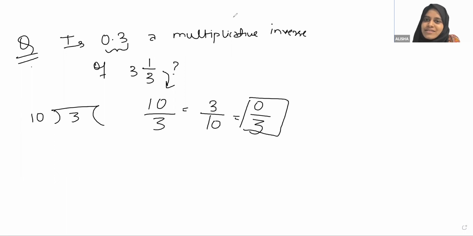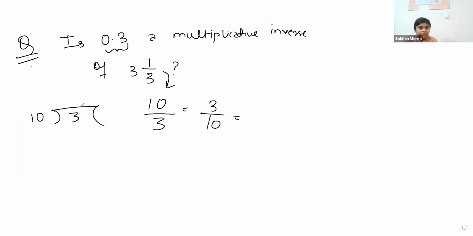Okay. And can you tell me how have you divided? Like I took 10 and then I put a 0 over in the answer, so I get the 0 in the question. And then I put a point and then 10 3s are 30. What should I write over here?